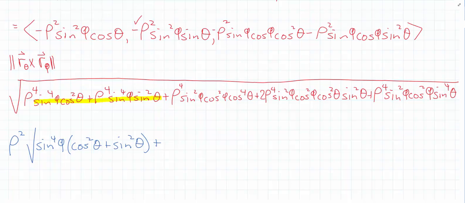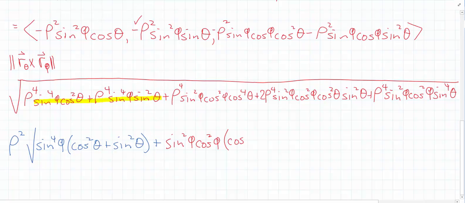Now, we come along here, and I look at this next term. I've already factored out the rho to the fourth. Now, I think what I can do is factor out a sine squared phi, cosine squared phi. So let's see what I have left.